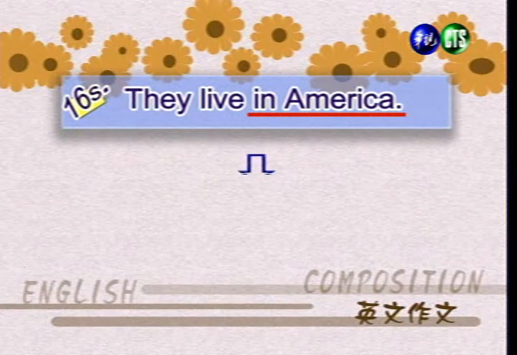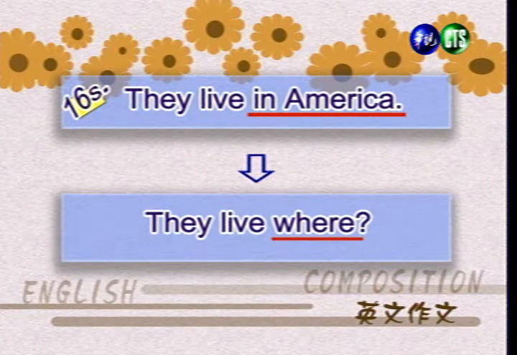All right, now since in America is a place, we're going to replace in America with the word where. 好，既然 in America 代表的是一个地点，我们用 where 来取代 in America。All right, next we need to add an auxiliary verb at the front of the sentence. 好，接下来呢，我们需要把助动词加入在句首。All right, so this is just like what we do in yes/no questions.